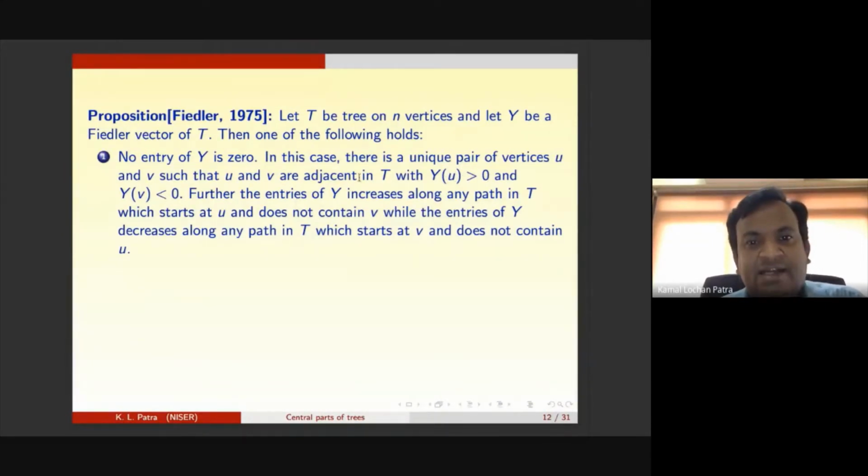Any path starting from U not containing V, the value will decrease, and starting from V, moving away from U, the value will increase.